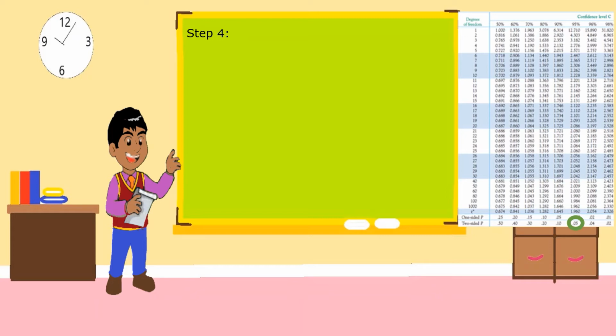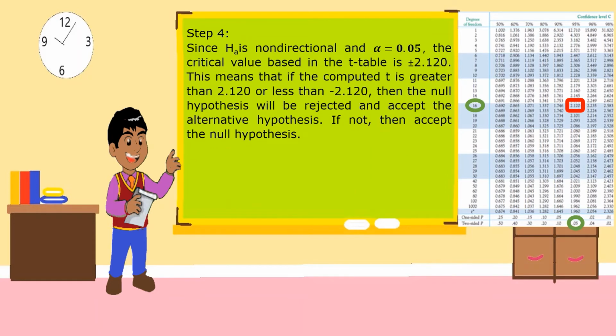And for our degrees of freedom, 9 plus 9 minus 2 is 16. So we look for 16. And then the intersection of the two is our critical value.